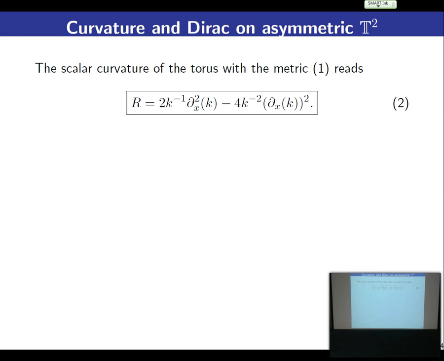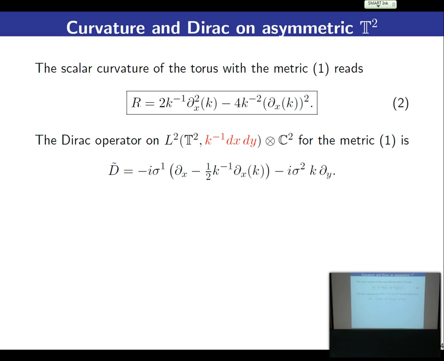We can compute classically the usual scalar curvature, and it comes out like that. There is only dependence on k, which contains the derivatives in the x direction, because we took it like that, with a second derivative and a first derivative squared with coefficients like that. There is also a canonical Dirac operator for that metric.